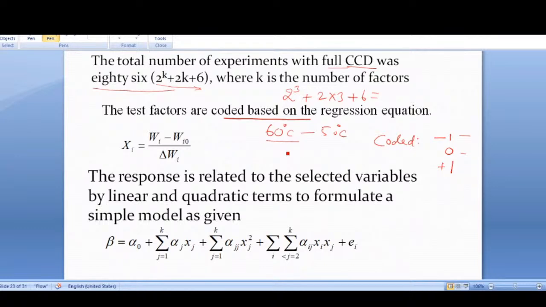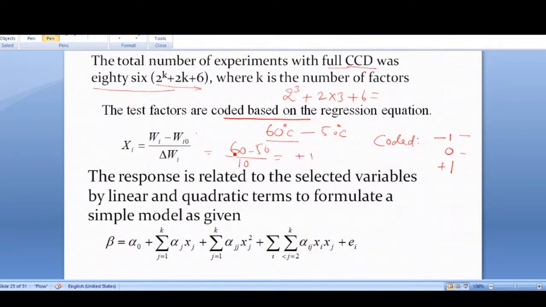Let us take the example with the same formula, (wi - wi0) / delta wi. Now we use 60 minus 50. Delta w is the difference between the minimum and the maximum, so it is 10. So (60 - 50) / 10, you will get +1.